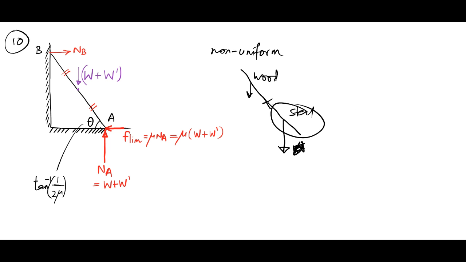Similarly, it can be in the upper section. So that's what making the ladder uniform does. It shifts the weight W plus W dash away from the midpoint to some other point of the rod.